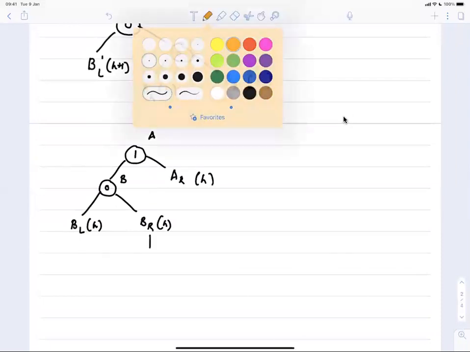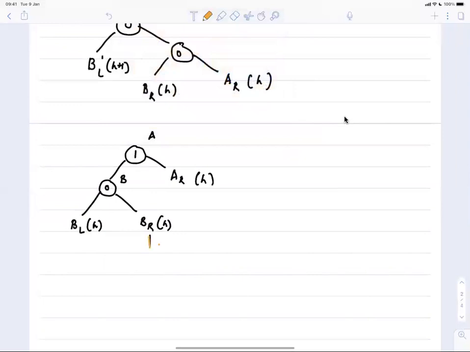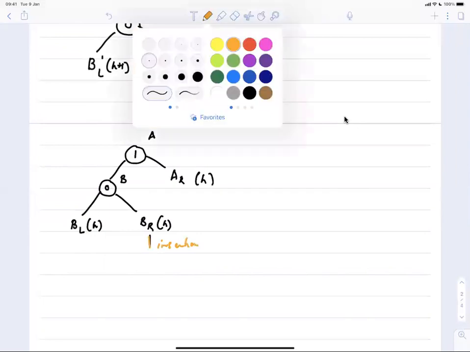Insertion happens over here in this tree.